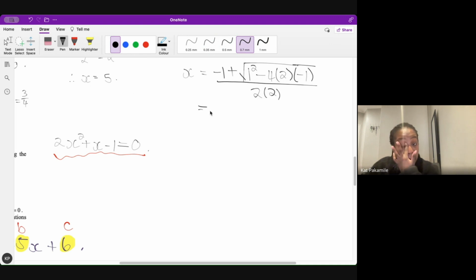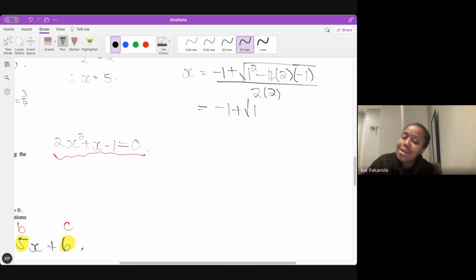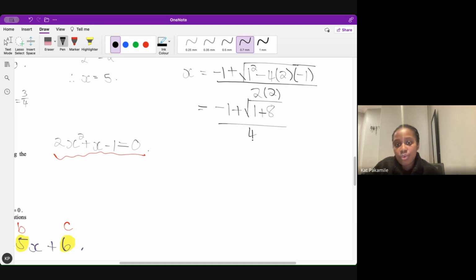Okay? And this is equal to negative 1 plus 1 squared is just 1. What is 4 times 2 times negative 1? 4 times 2 times negative 1. Positive 8. Do you see that, guys? It's going to be positive 8 all over 4.